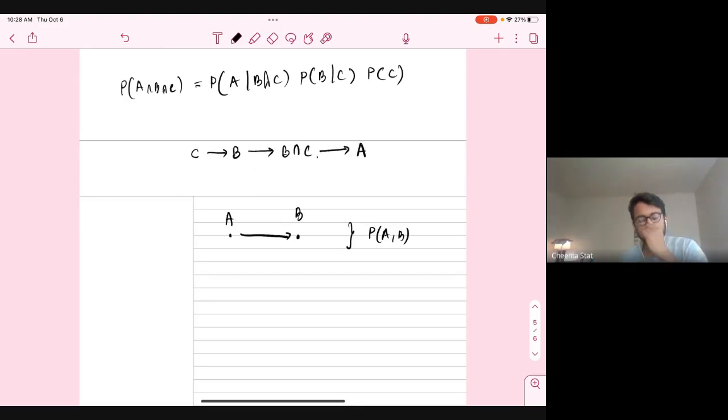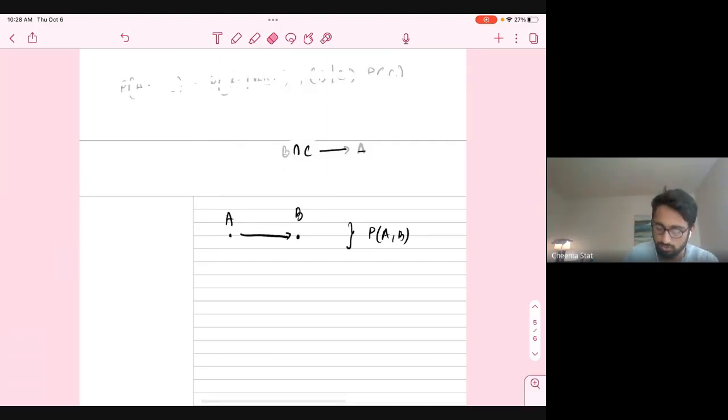This is the basic idea that the probability of A intersection B intersection C is nothing but something like this. We ideally should write it like this. No, we cannot actually write like this because it's not a joint distribution. That's the issue.